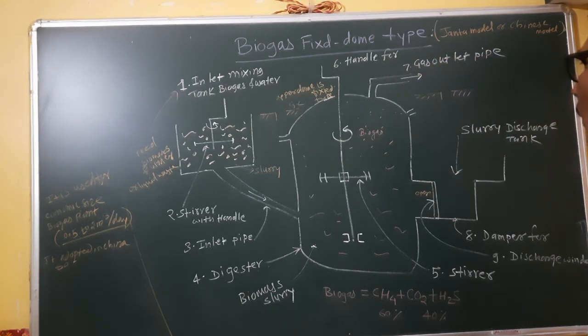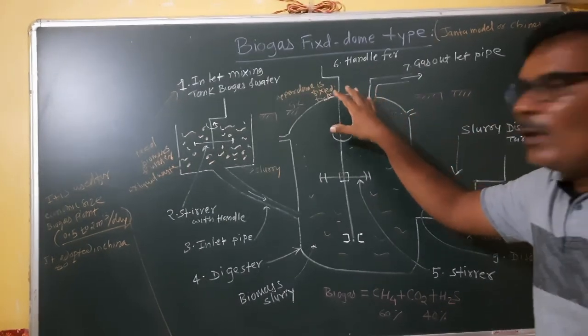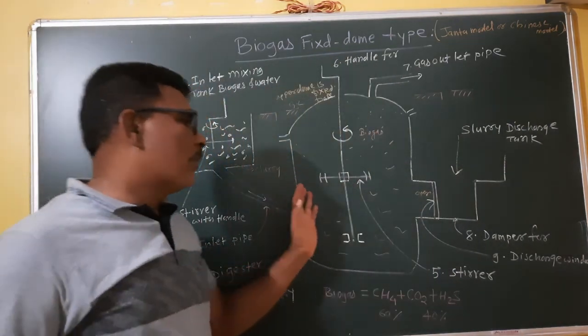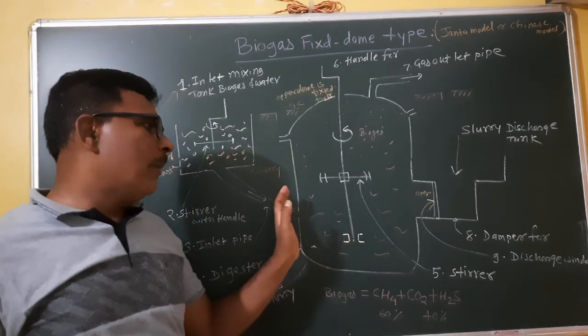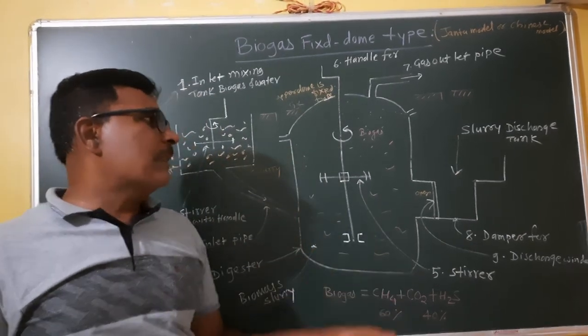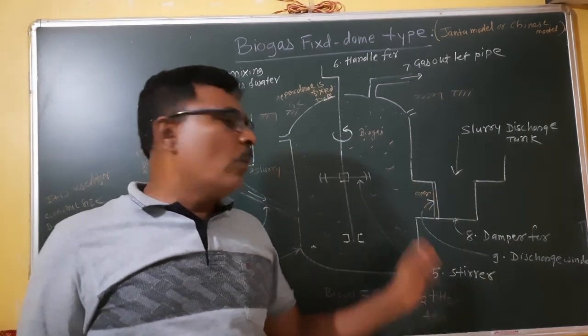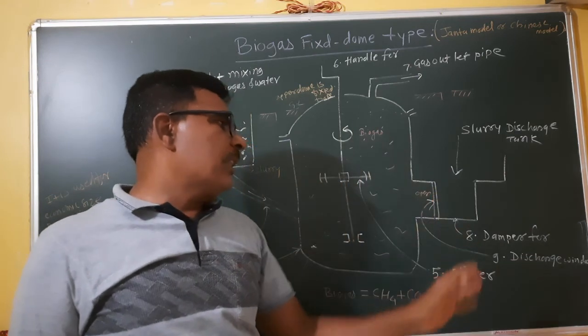And here the ground level is maintained for all dome type models. Finally, the slurry and feed come to the digester tank, and we have to discharge the slurry to the discharge tank by using a damper window. We have to open this damper window, and it can be discharged.